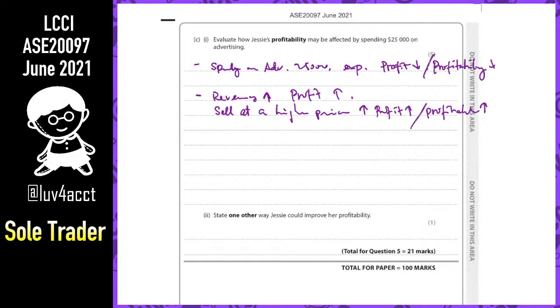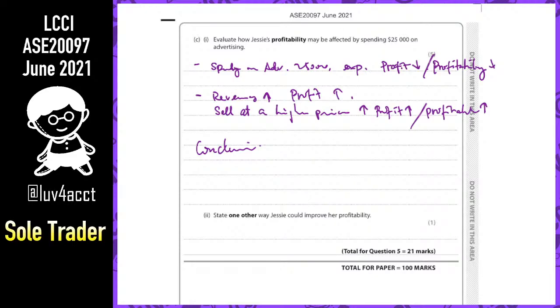Sell at a higher price. So please make sure you have this difference.